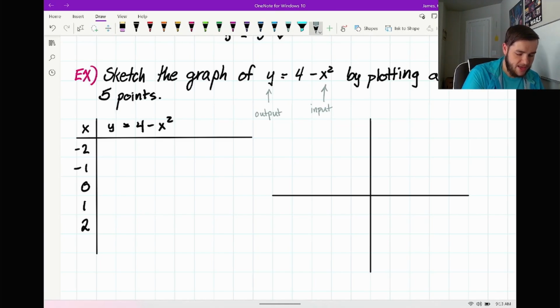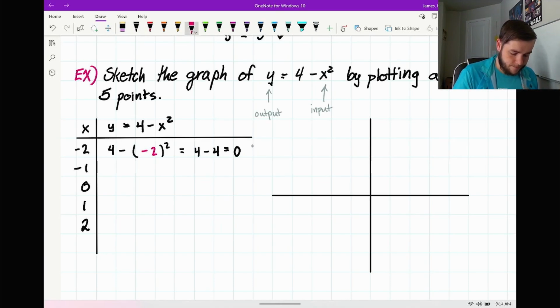When I plug in -2, I get 4 minus (-2) squared, which is going to be 4 minus 4, or 0. So what this tells me is the point (-2, 0) is on the graph.